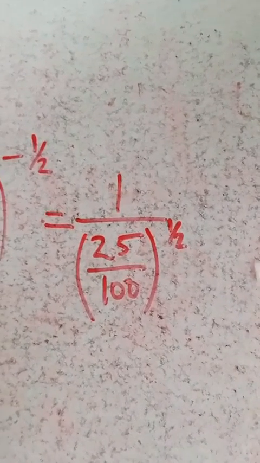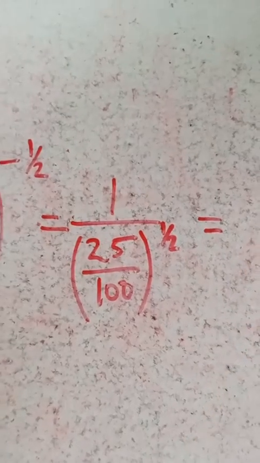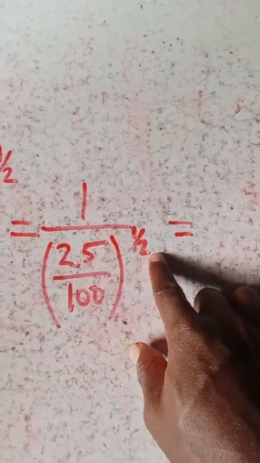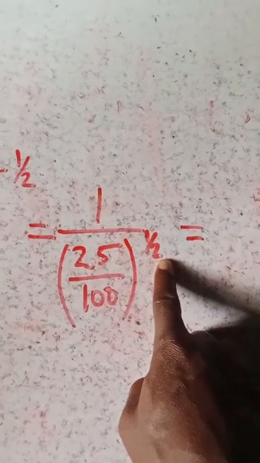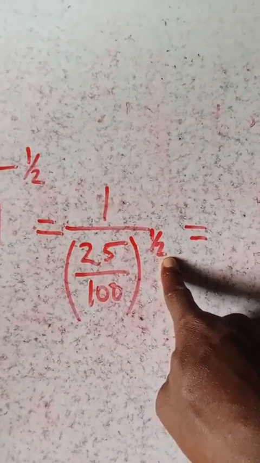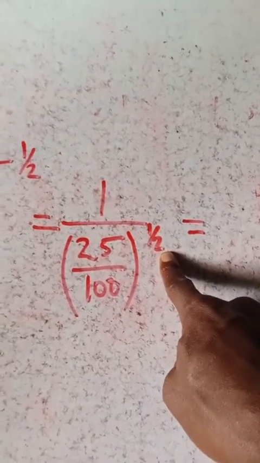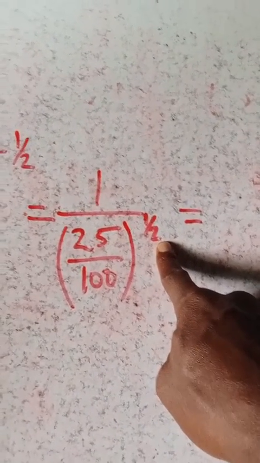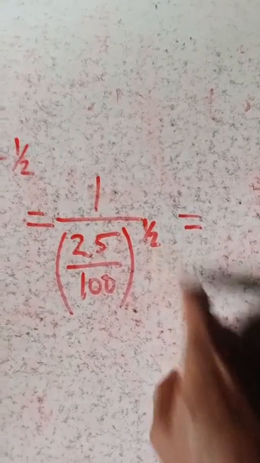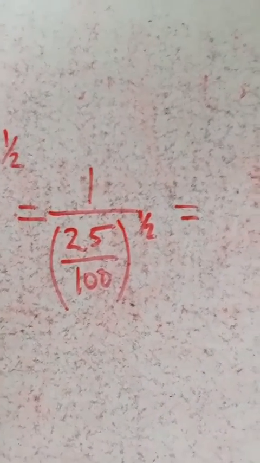So here, 2 is the denominator of the fraction in this power. So 2 is going to form a root, and the name of the root will be square root, because 2 is square. So the denominator 2 will form the square root of the base.